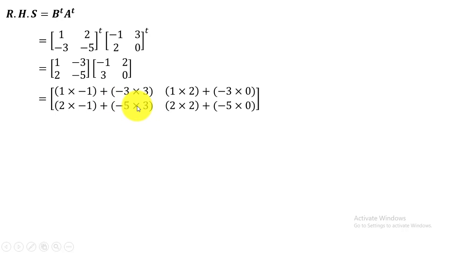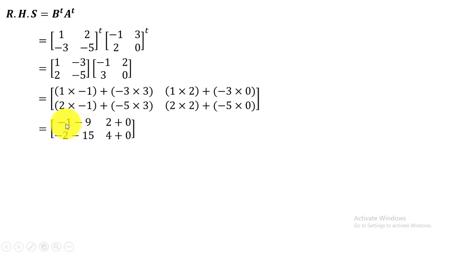Similarly, the bottom left entry is obtained by the product of the second row times the first column, 2 times -1 plus -5 times 3. The bottom right entry is obtained by the product of the second row times the second column, 2 times 2 plus -5 times 0.